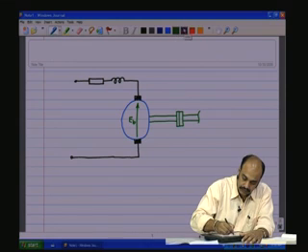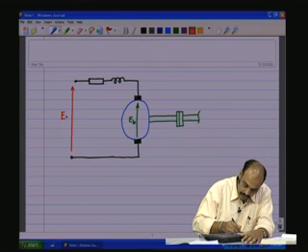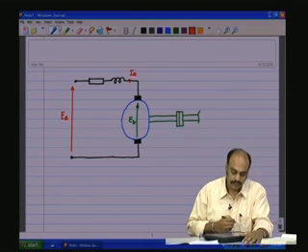Now, we apply a voltage EA, and there is an armature current IA which is flowing through it.